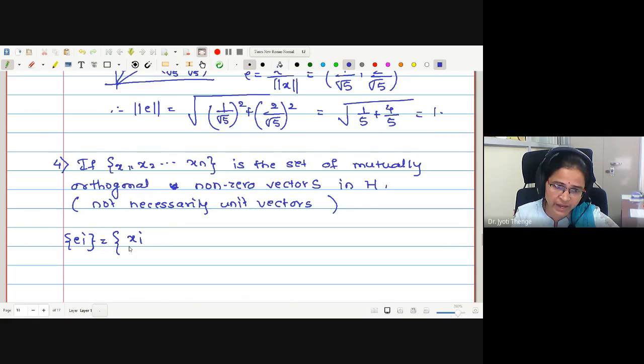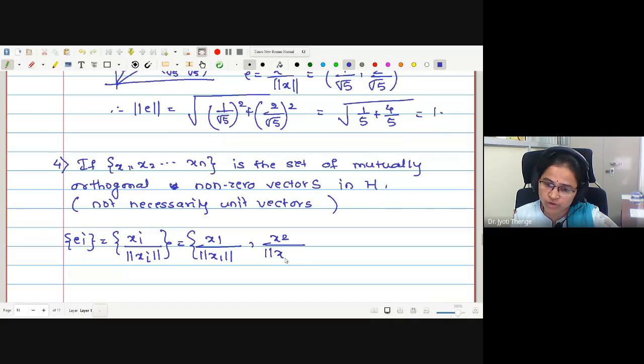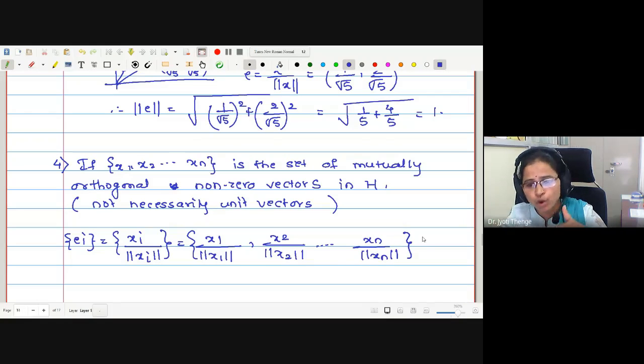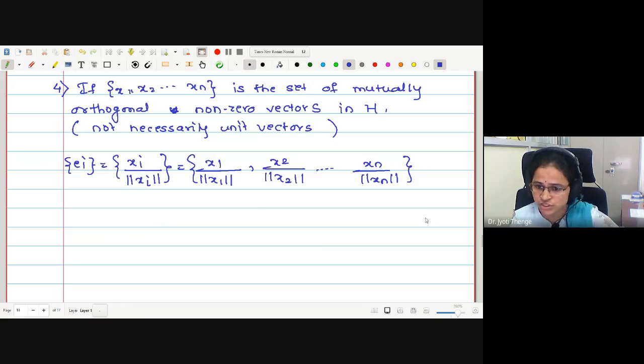We are going to do this by dividing the vector by its norm. Therefore, the set will be x1 upon norm of x1, x2 upon norm of x2, and so on, xn upon norm of xn. Okay, and dividing by their norms does not affect the mutual orthogonality. How? Let us check.